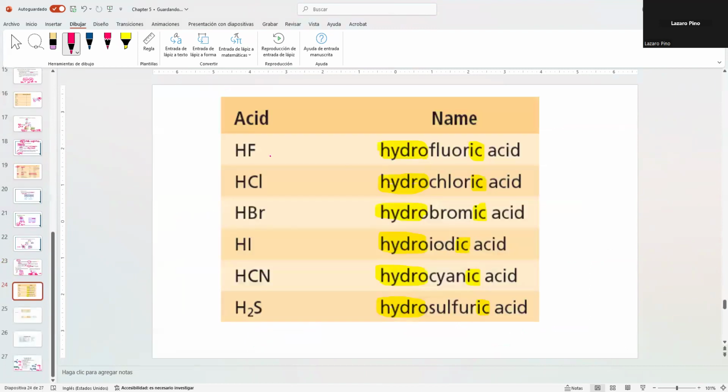For example, here we have binary acids. We know that they are acids because of the hydrogen at the beginning. Then we say they are binary. Here is fluorine.